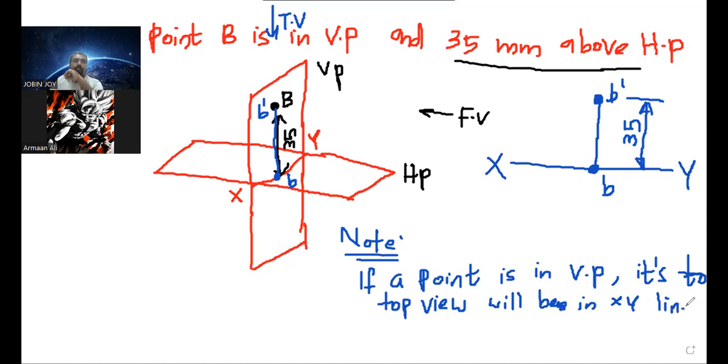So this is very, very important. If a point is in vertical plane, its top view will be in XY line. So here you can see the point B is in VP, so its top view will be in the XY line. Is this clear? Yes. Okay. So this is very, very important.